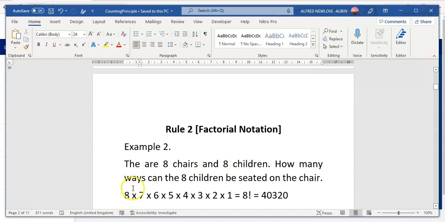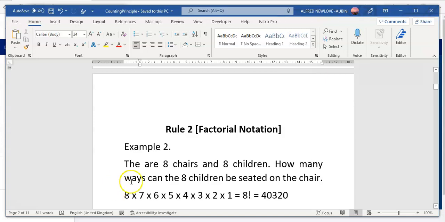The first child can sit, or the second child, or the third child, or the fourth child, or the fifth child, etc. So there are 8 ways that the first seat will be occupied by these 8 children. In probability, 'or' means plus.